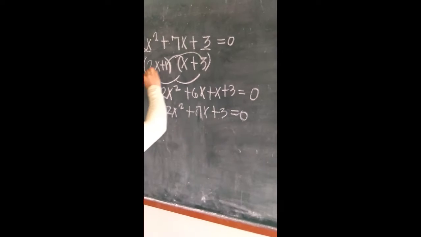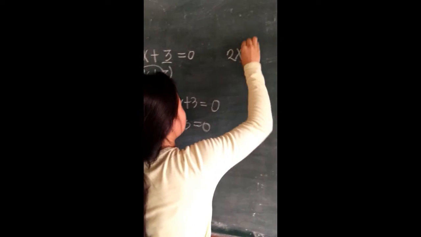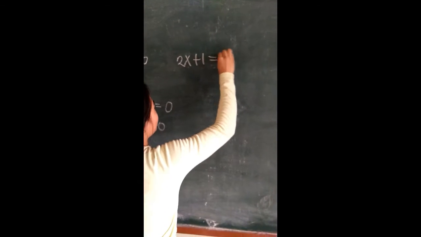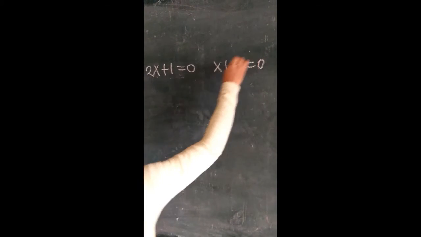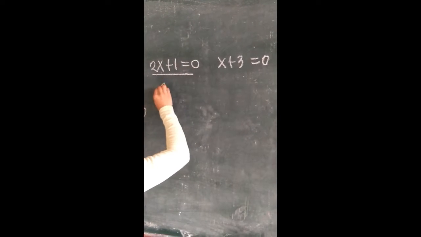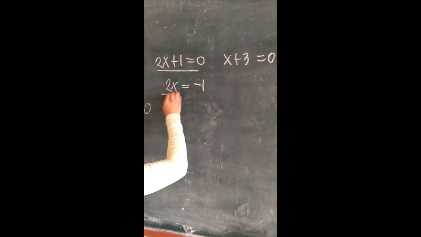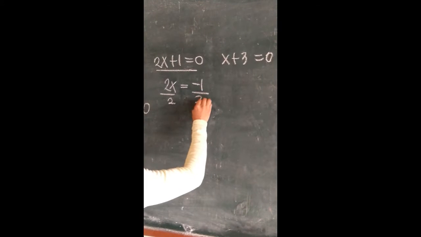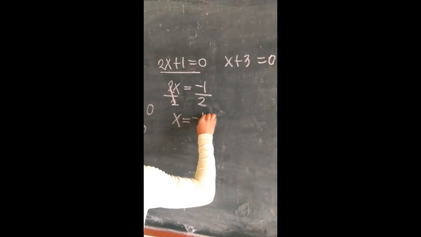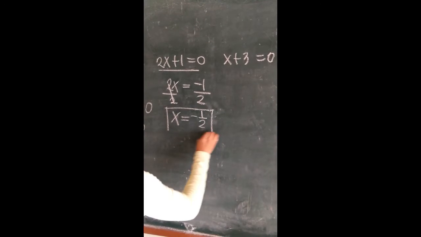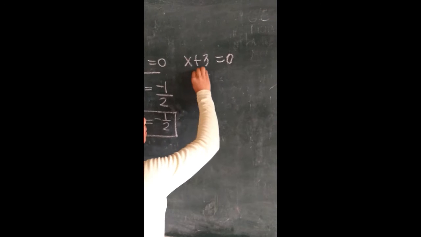But we must equate our factors to 0, and it must be 2x plus 1 equals 0 and x plus 3 equals 0. The first root is x equals negative 1/2. Our second root is x plus 3 equals 0.